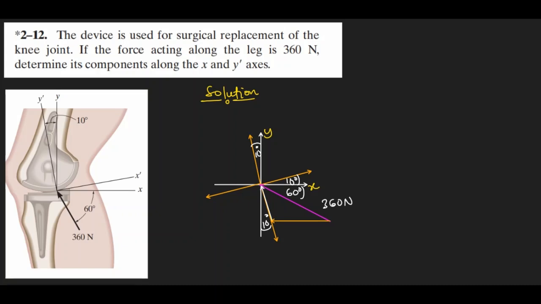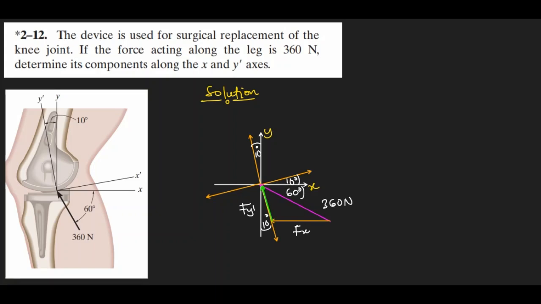So this will be the Fx, and on this side we are going to have Fy prime. Let me change the color for Fy prime. Let's use green instead. So that's Fy prime.